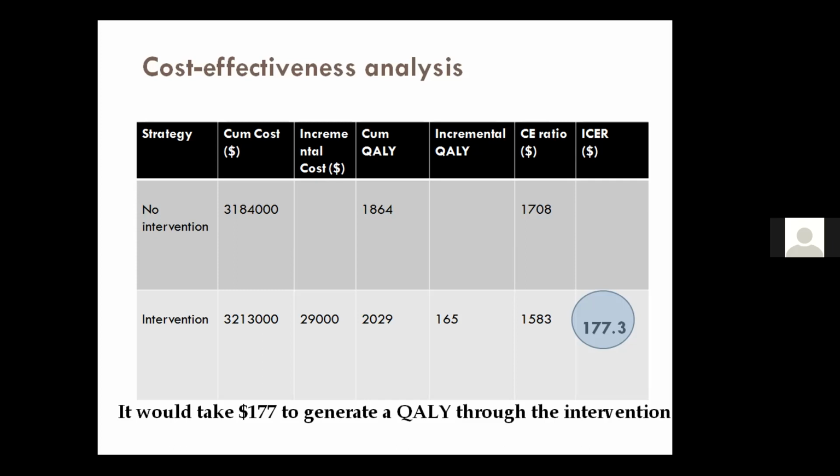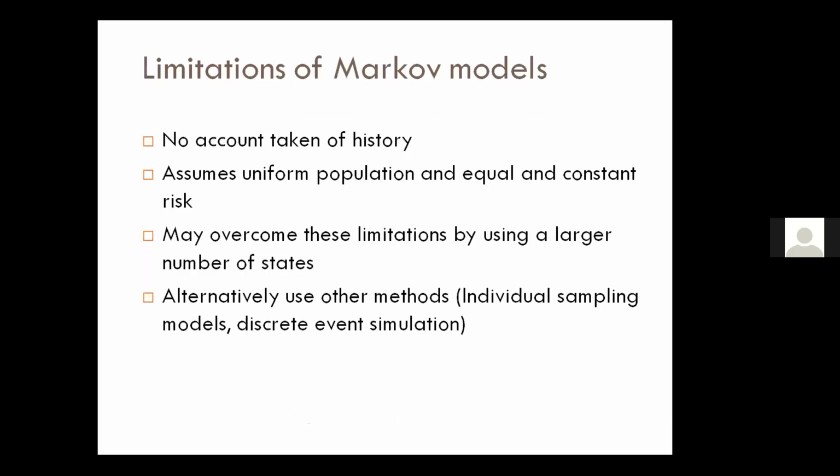The major limitation of these models, Markov models, is that no account is taken of history. You are not really considering the difference between two patients based on their history. One might be a relapsed case and another a new case. There should be a difference there, but that difference is not there.